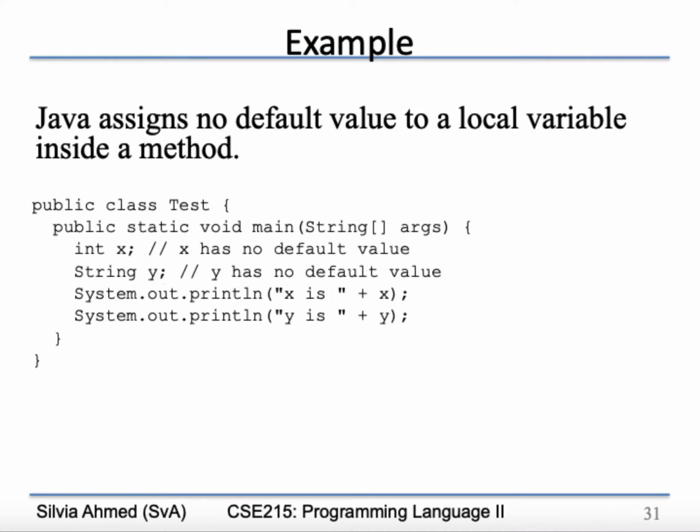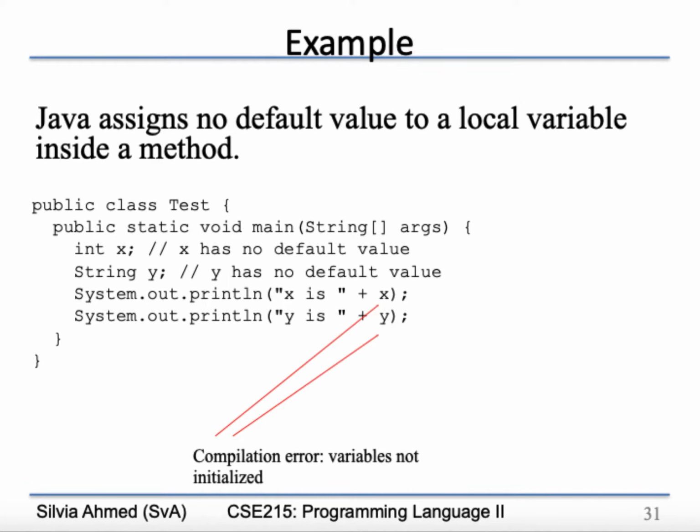We must keep in mind that these x and y are local variables for our main method, and that's why they will not have any default value. They will simply have garbage value or empty. So if you try to print x is, then the value of x, or y is, the value of y, this will create a compilation error, and the error will be variables not initialized.